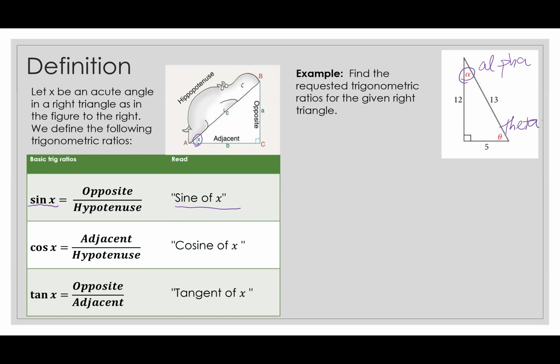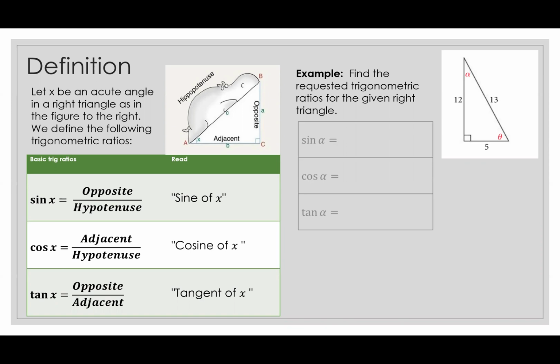Those are Greek letters that we normally use to denote angles. All right, so we are going to focus on the angle alpha.